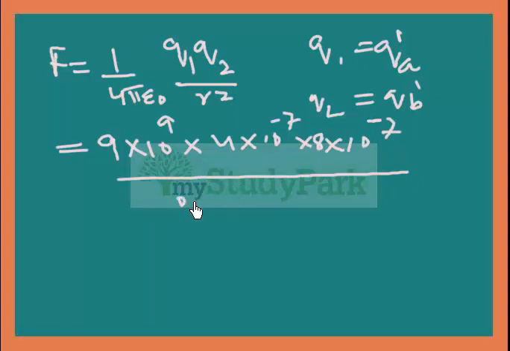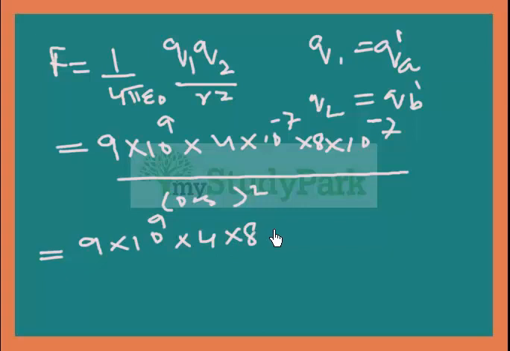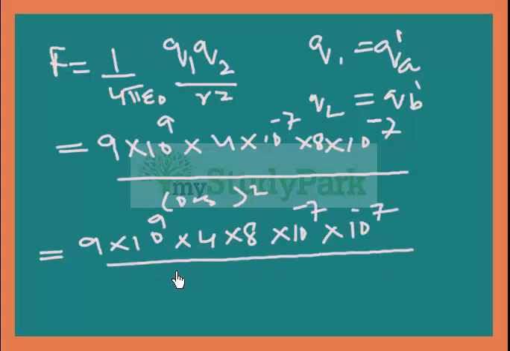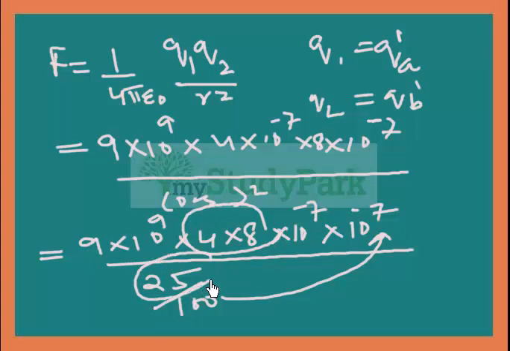So if you do 0.5 squared, you get 0.25. So 9 × 10^9 into 4 into 6 × 10^-7 into 10^-7 divided by 0.25, which is 25 upon 100, which means that the 100 should go up.